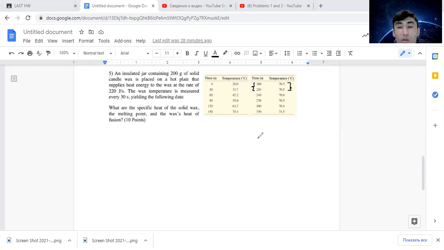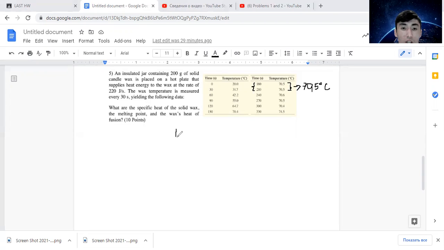It means when the solid reaches the melting point, the solid's temperature will be constant for some time. So it means the melting point of this solid wax is equal to 70.5 degrees Celsius.